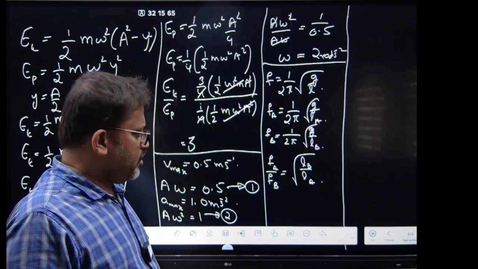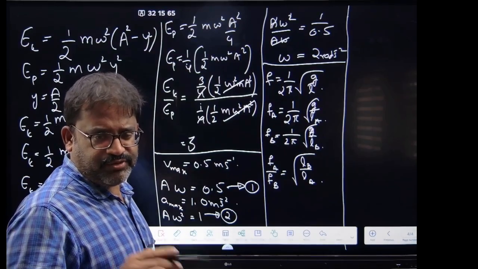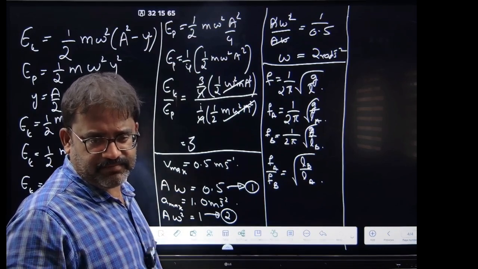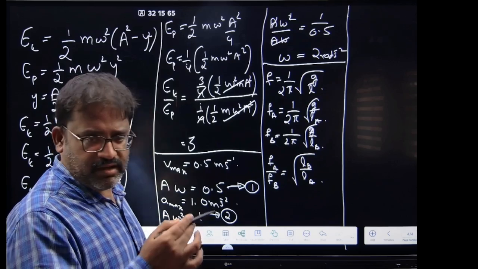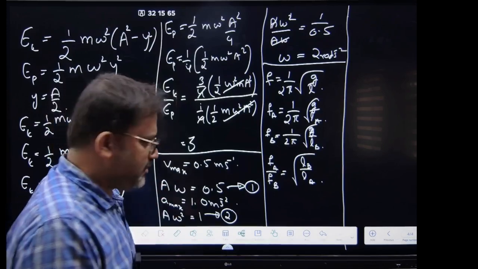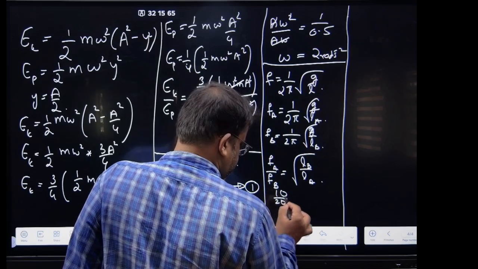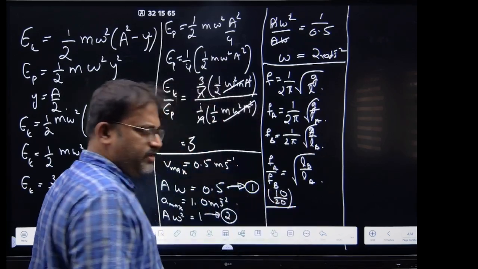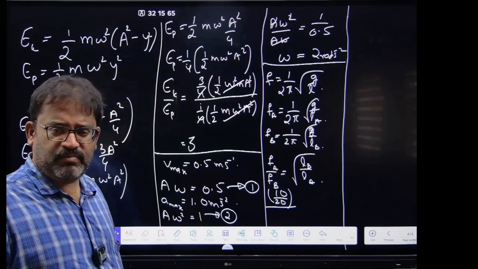Now what is the frequency of A? According to the question, A oscillates 10 times every 20 seconds. That means the number of oscillations it does in 1 second will be 10 divided by 20. So this is the frequency of A. What about the frequency of B now?